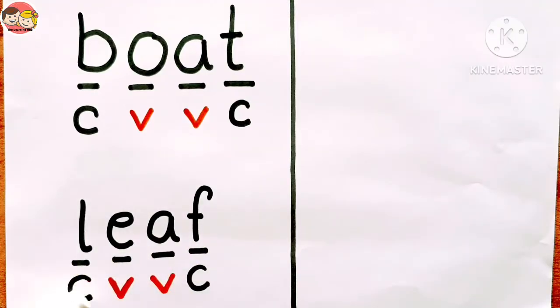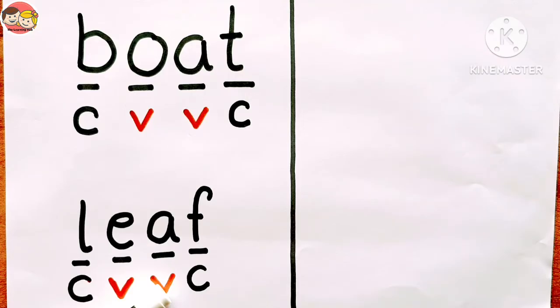L-E-A-F. This one is also a CVVC word, meaning two vowel word. Here we have two vowels, E and A. So according to the rule, the first vowel sound is going to be long, meaning the name itself, and the second one is silent.